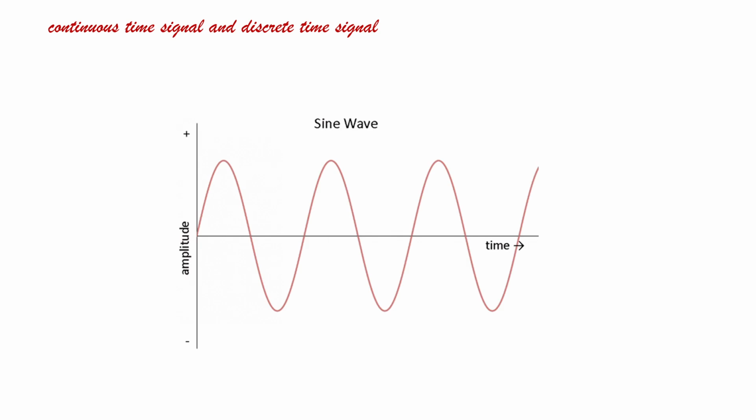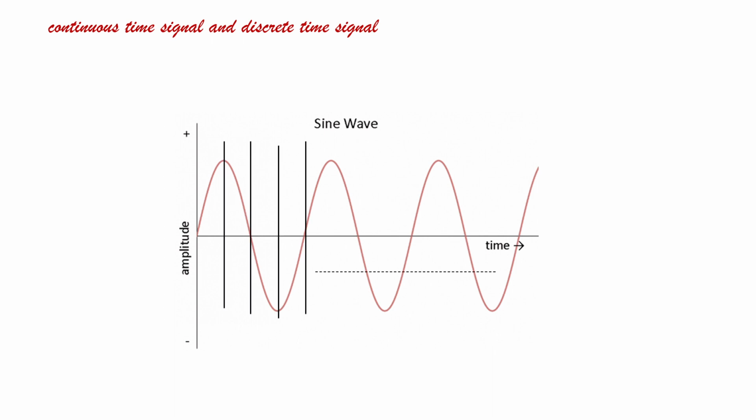Now I discuss continuous time signal and discrete time signal. In the previous slide, I discussed that this is the continuous time signal. Now I divide the x-axis with a particular time interval capital T. So this distance is capital T, similarly this distance is capital T, and so on. Previously my signal was x(t).